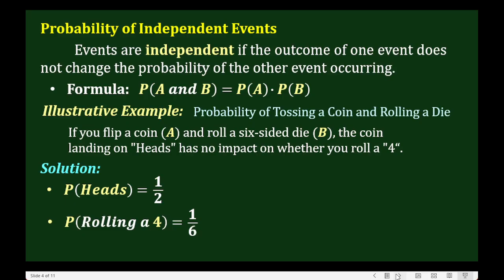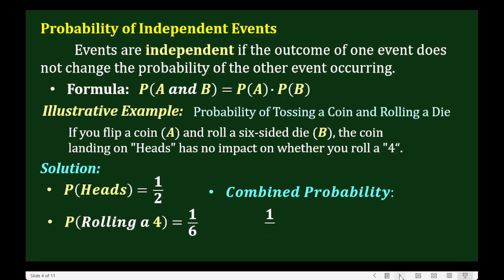And as for the combined probability, applying the formula, that is simply the product of the probability of these two events, A and B. So we just simply get the product of these two obtained probabilities.